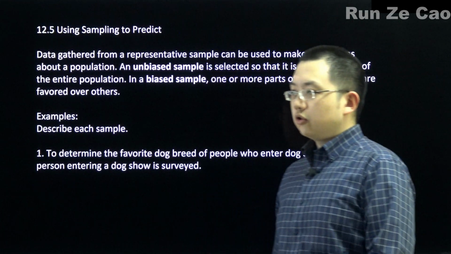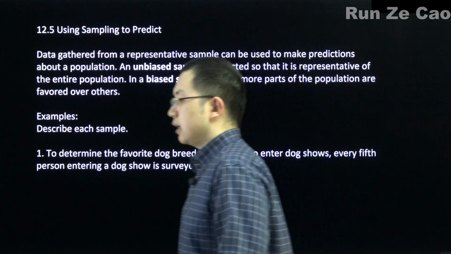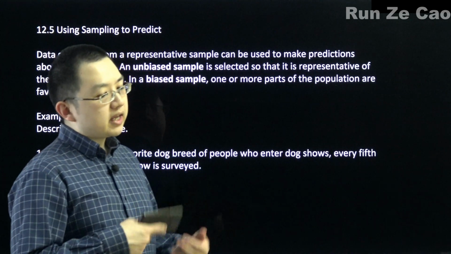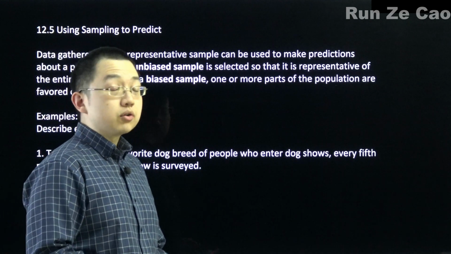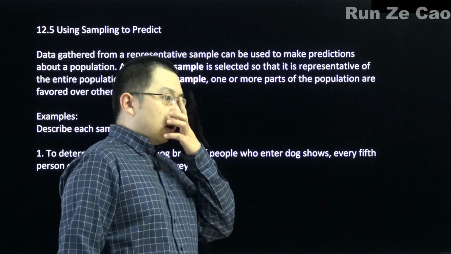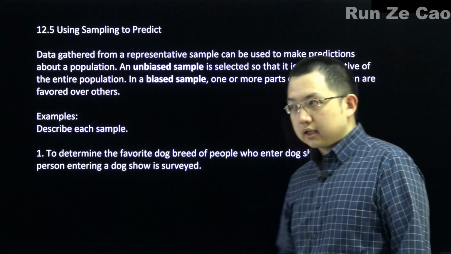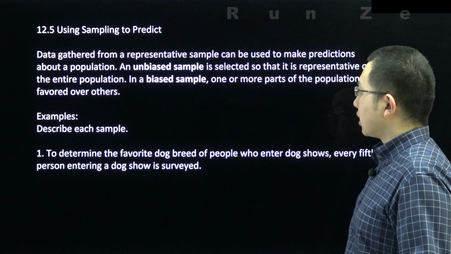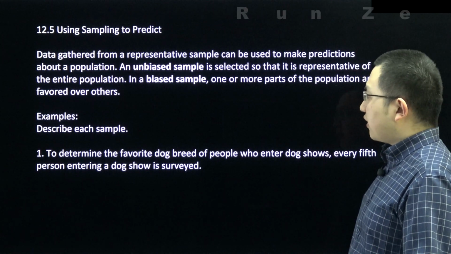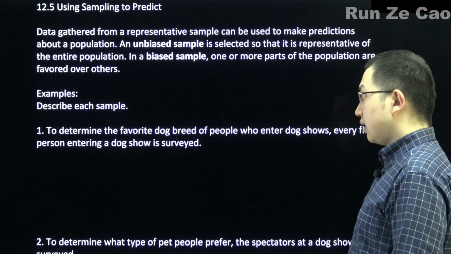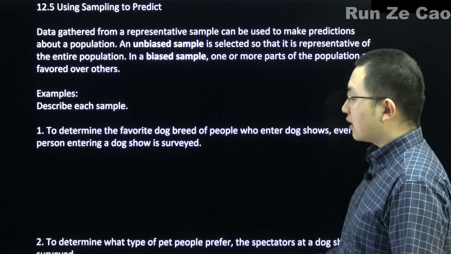Alright, back to probabilities and data in general. If you have information and you can't use it, it's pretty useless. So how can we use information? Well, we can use sampling to predict the population. A representative sample is unbiased, so it represents the entire population.